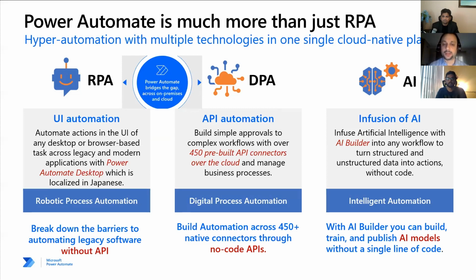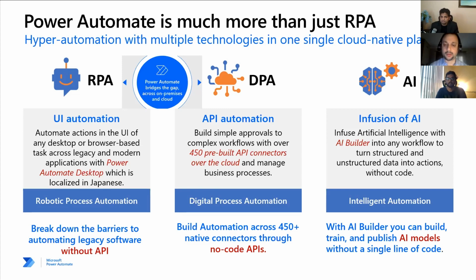This is basically automating through cloud connectors, more than 450 across the Microsoft ecosystem, but also many other systems like SAP or Oracle or Salesforce, ServiceNow. You have connectors with all the systems, and the triggering of the process is done through those cloud triggers.